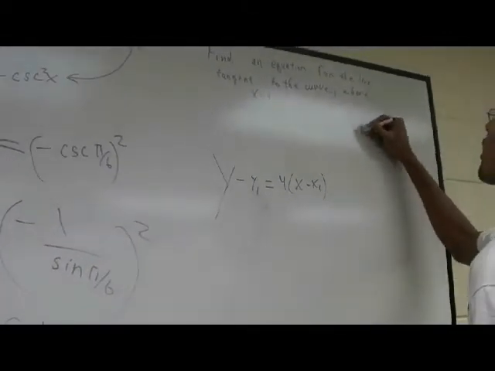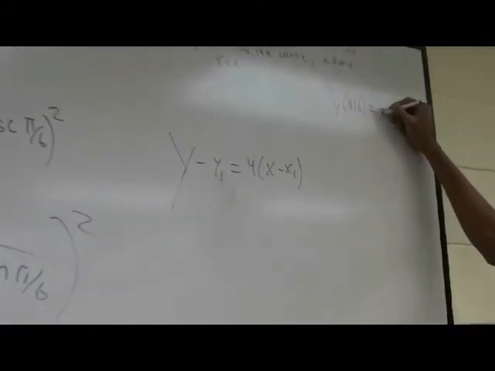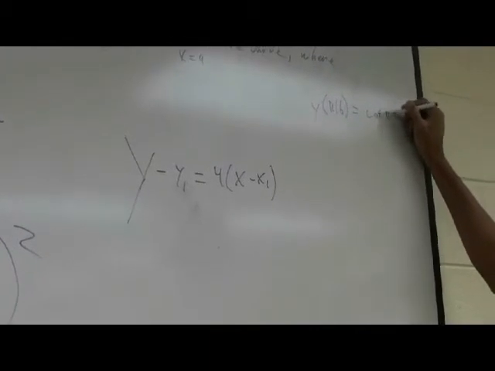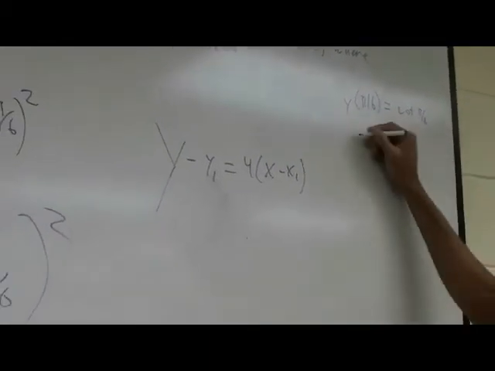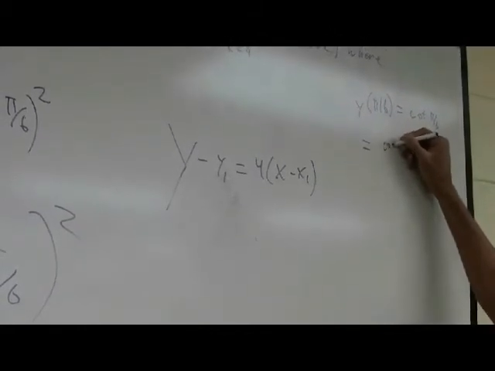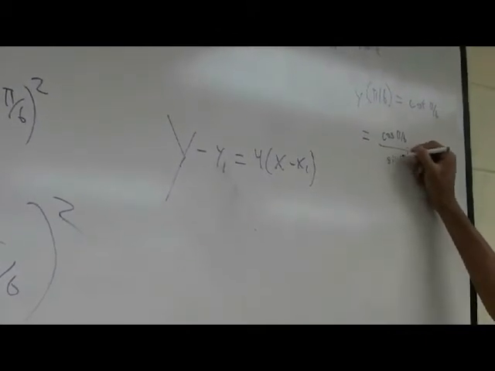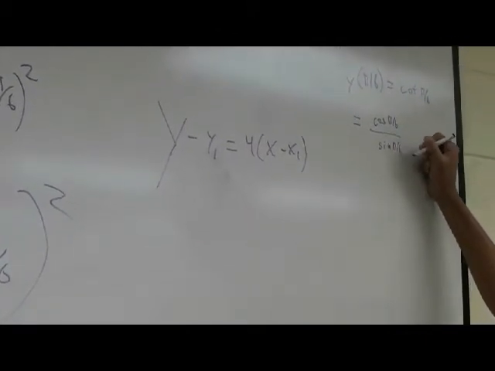So y of pi over 6 equals cotangent pi over 6, which is equivalent to cosine pi over 6 by sine pi over 6. Remember, we just found sine pi over 6, it's 1/2.